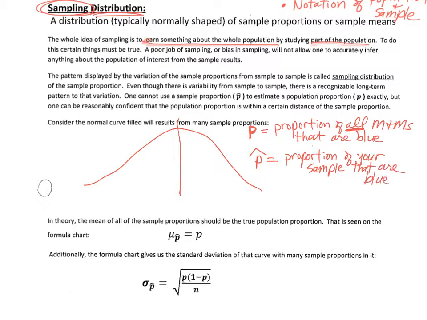M&Ms. So today, you're going to get 50 M&Ms, and that's the size of your sample. And then you're going to count the proportion. So you will all get your own P hat, your own sample results, which, unfortunately, in this distribution, are different P hats.